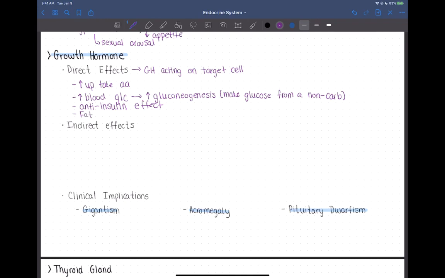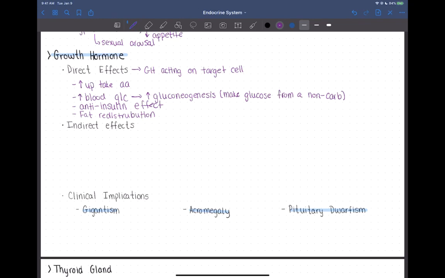So it would affect fat cells and cause them to break down and be redistributed to other areas of the body. So those are direct effects: growth hormone acting on specific cells, causing them to break down amino acids and make them into glucose, or fat cells to redistribute. Growth hormone also has indirect effects, okay?